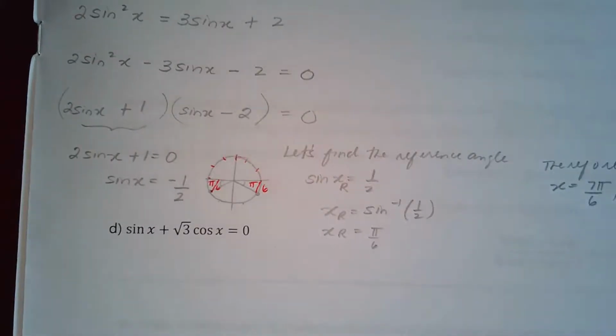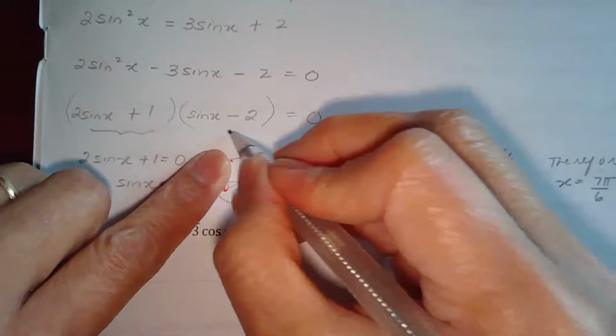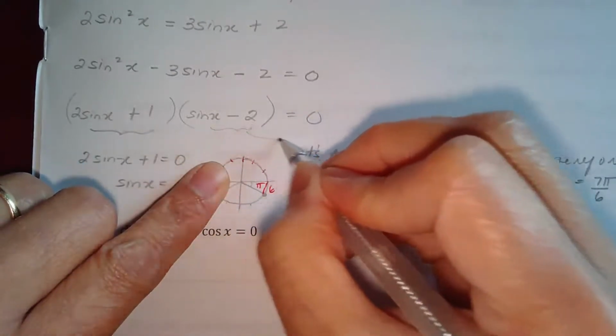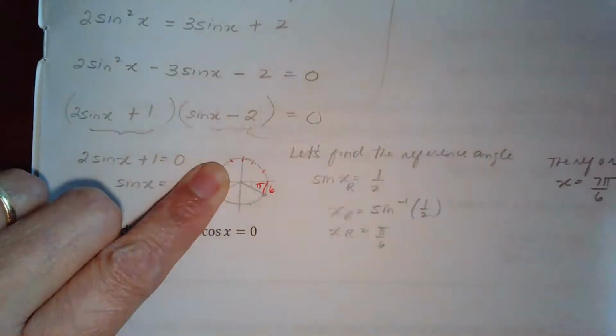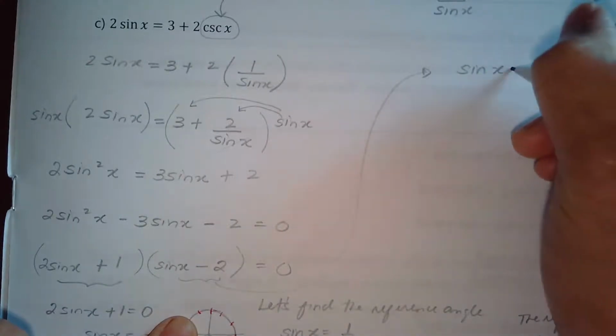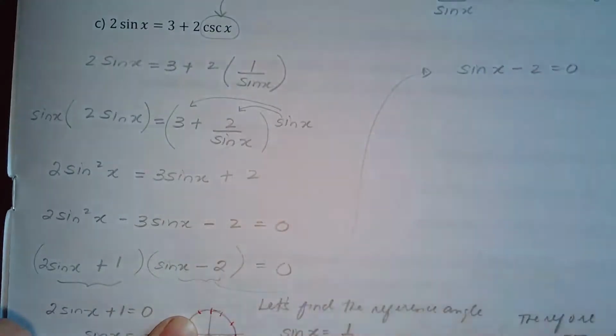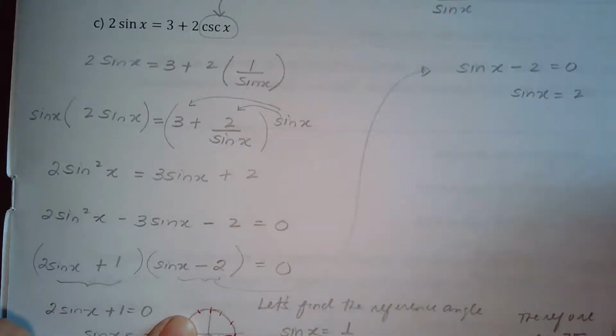Okay, so that's that. And then, well, what about this one? Let's see about this one. Just put it right there. What about sine of x? Sine of x minus 2 equals 0. So that means sine of x is equals to positive 2.